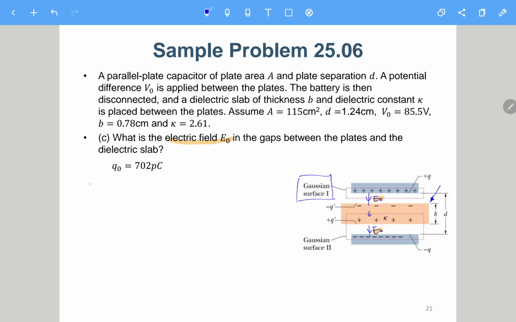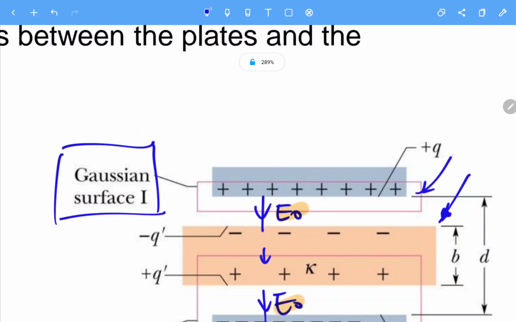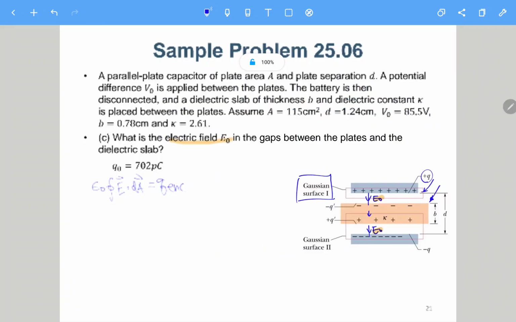Since this is the vacuum, we use the original Gauss law, epsilon naught times the integral of E dot dA equals Q enclosed. For this one, Q enclosed is nothing but plus Q. So this is actually Q.